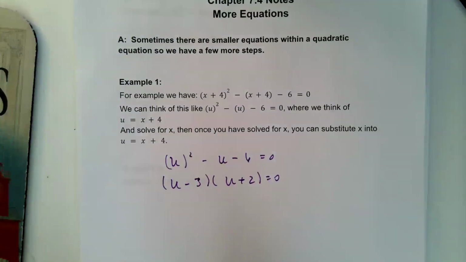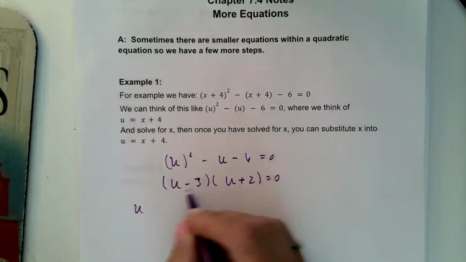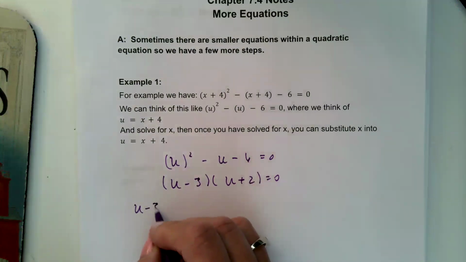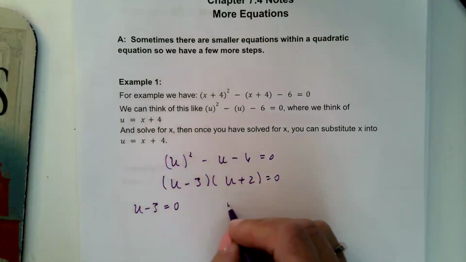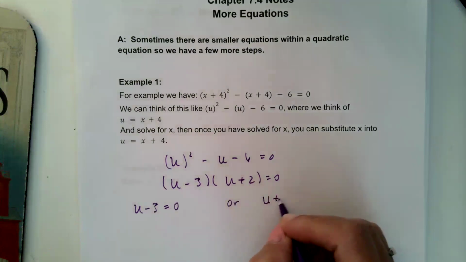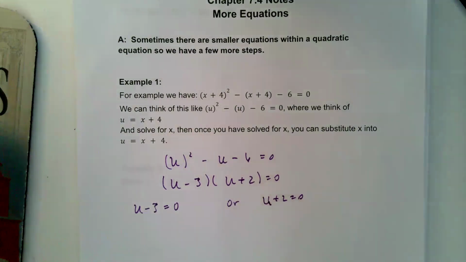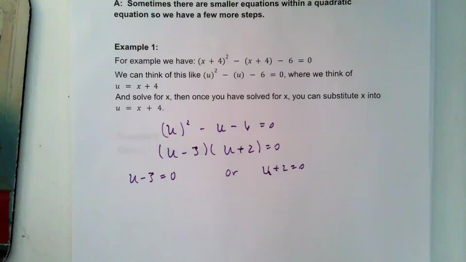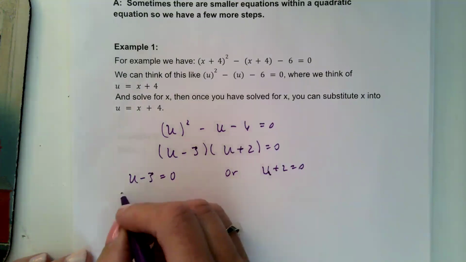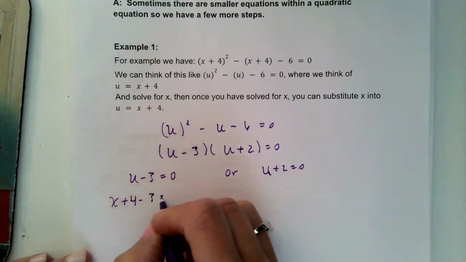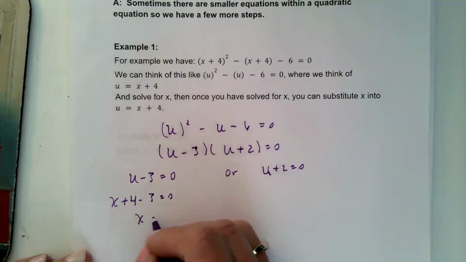So if that's the case, we can use our zero factor theorem, which says that u minus 3 can equal 0, or u plus 2 can equal 0. And so we can put x plus 4 in for u and solve for x.